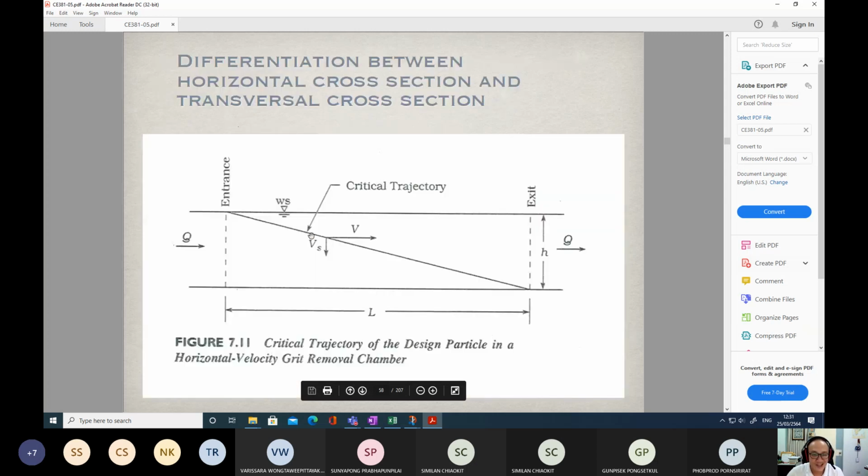Okay, so this is the maximum depth. This is the depth, and this one is the length. Length should be at least 18 times the maximum height. Okay.